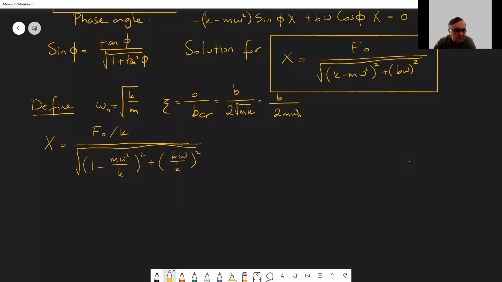And m over k is 1 over omega n squared, and b over k is 2 zeta over omega n.